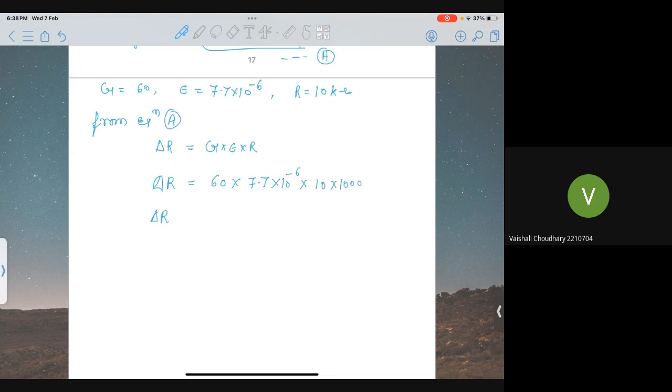So the change in resistance is 4.62 ohms.